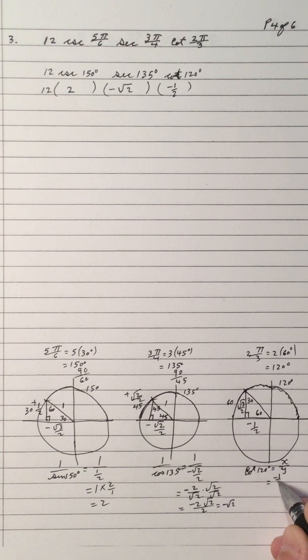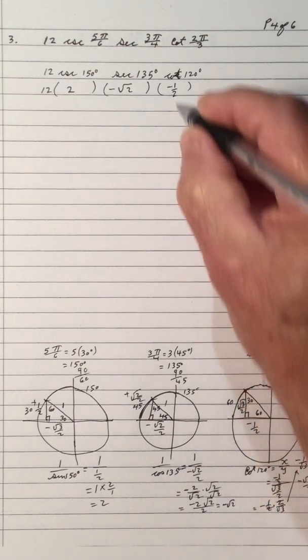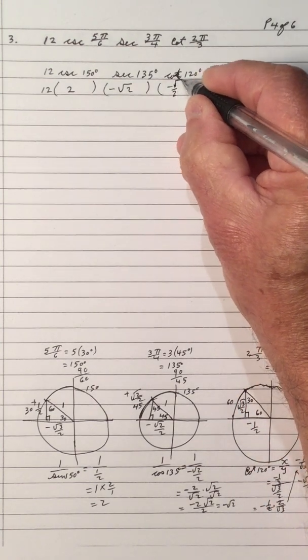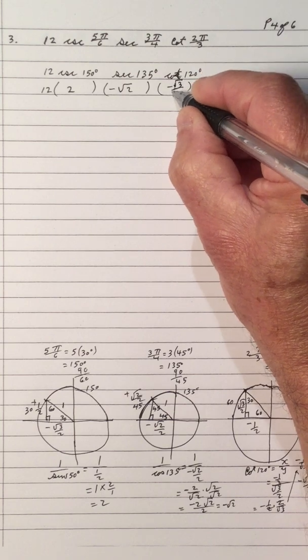So that's negative a half divided by root 3 over 2. So that's negative a half times 2 over root 3. The 2's cancel, negative 1 over root 3 times root 3 over root 3, negative root 3 over 3. Negative root 3, almost made an error.